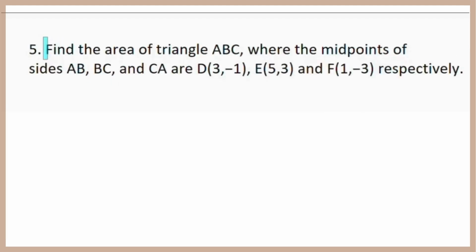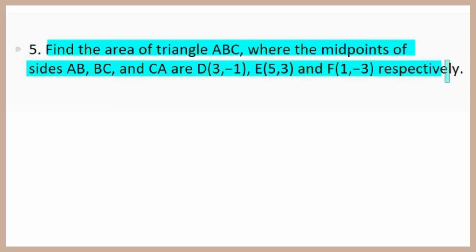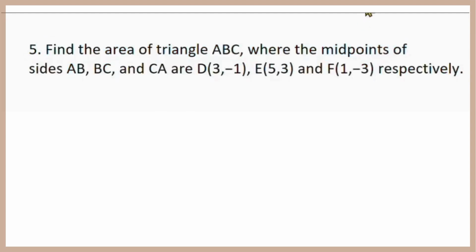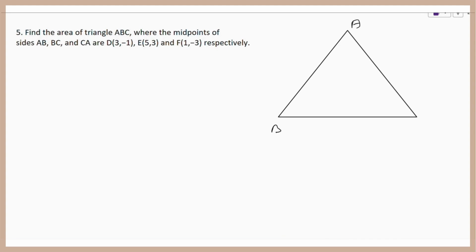Now in question number 5, it says find the area of a triangle ABC where the midpoints of the sides AB, BC, CA are given as D, E, and F respectively. So let's say I make a triangle and name it ABC as per the question, and we are given D being the midpoint of AB.